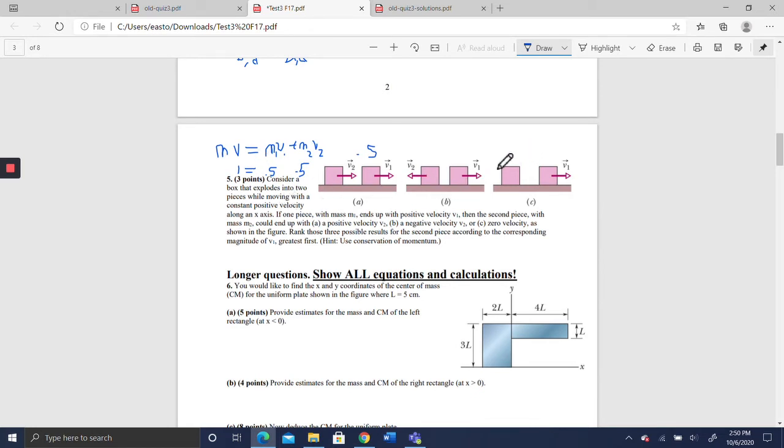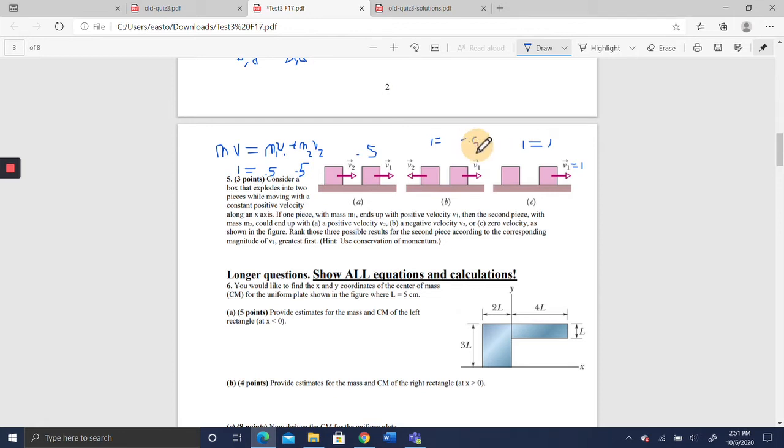So now with C, we have V2 equal to 0. So 1 is equal to 1. Our V1 is going to be equal to 1. So already we have C is greater than A. Then finally B, let's say V2 is negative 0.5.